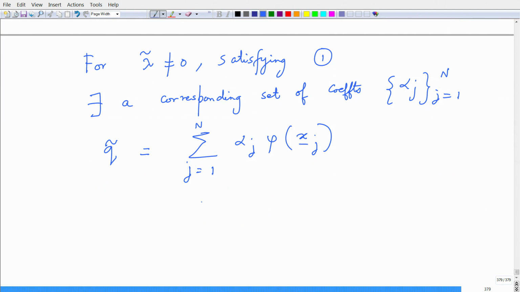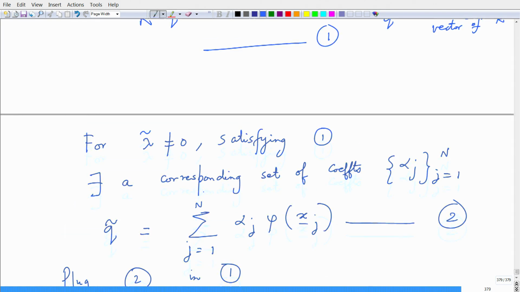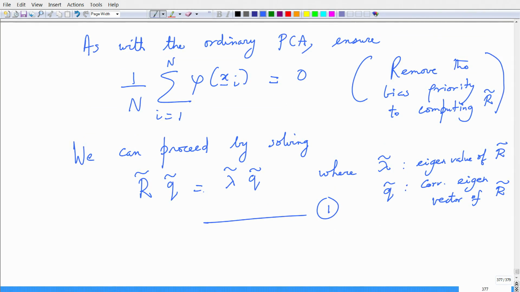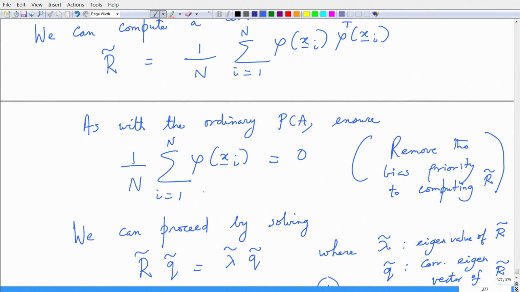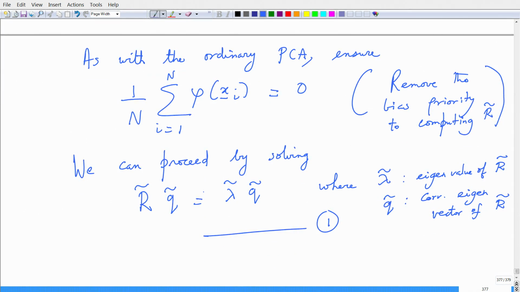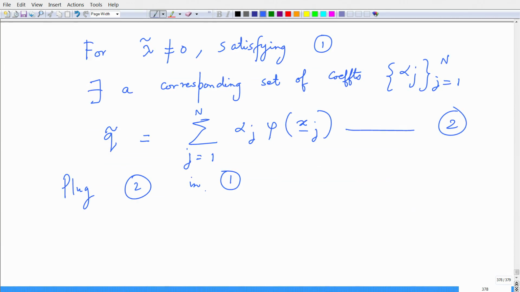Now, I plug Q tilde, equation 2, into equation 1. What I get is as follows.